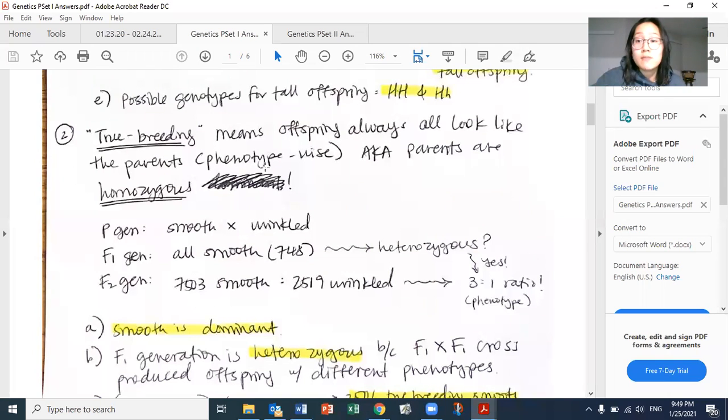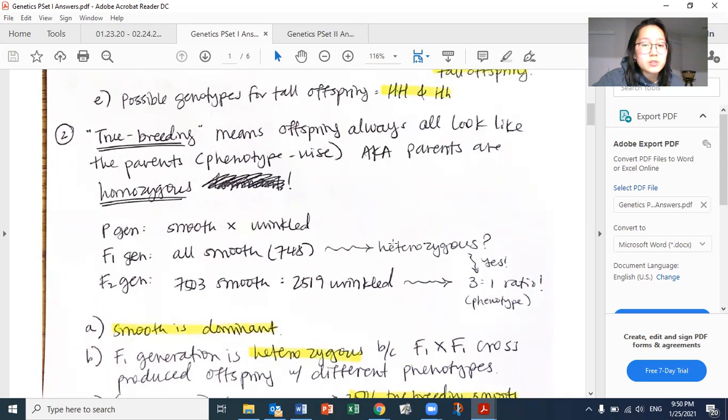So when you have a true breeding plant, the babies always look like the parents, and that's literally what it means. So we know that the parental generation was smooth, crossed with wrinkled, and then the filial first generation is all smooth. There were 748 of them, and the guess is that they might be heterozygous.